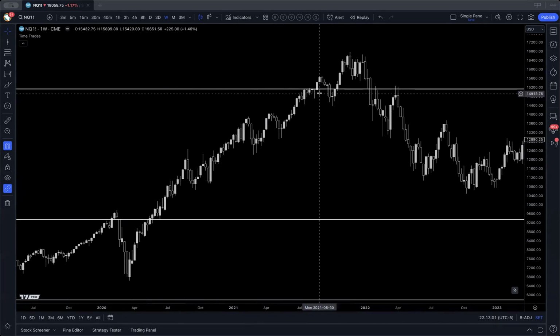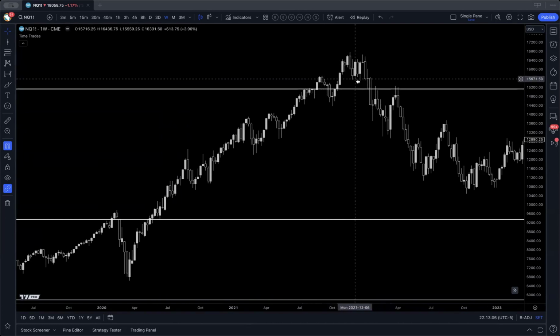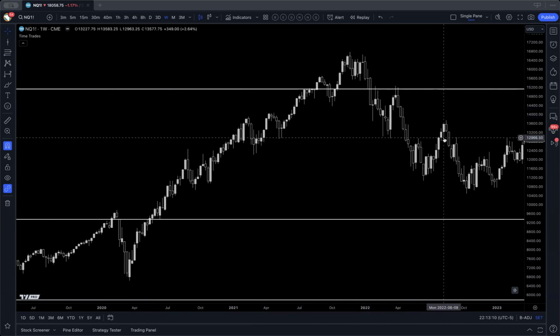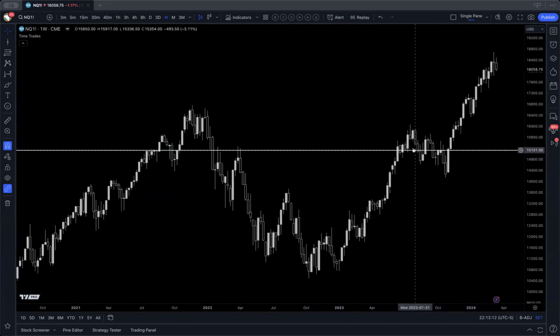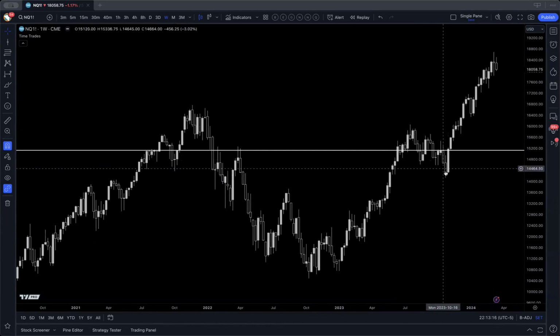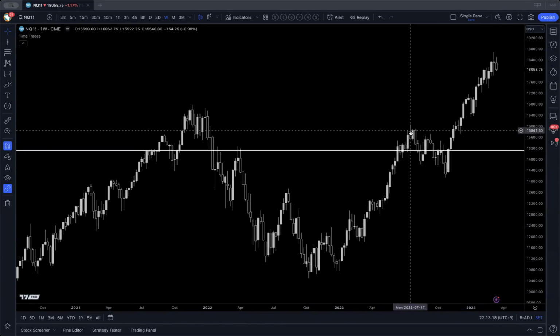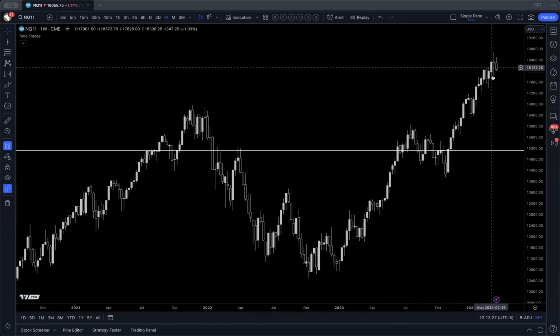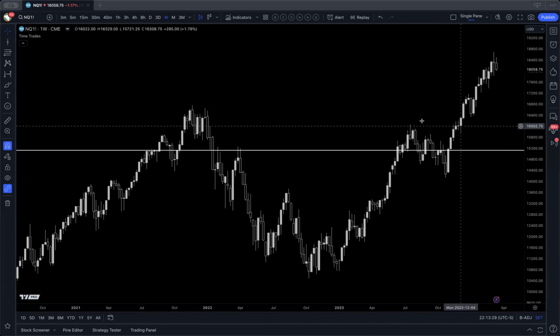Okay. And here's an example of it gets up into this danger area, stalls out, falls down, and that's in January of 2022. Okay, you can see over here in July of 23 how it got above, and then it just had to consolidate sideways until October of 23 before it had the energy to really push up.